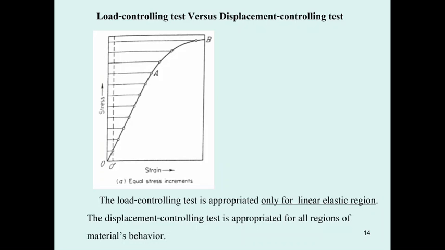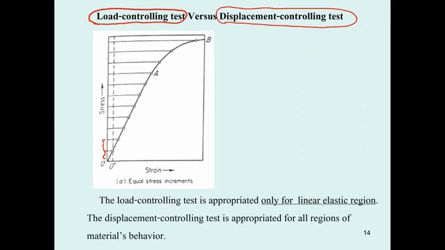For the controlling tests, there are two types in our lab. Actually, the displacement controlling test is a very good test that can be used to test everything. But we have to learn the load controlling test to have a deeper understanding of how the metal behaves in tension. In a load controlling test, we separate the load into equal intervals.